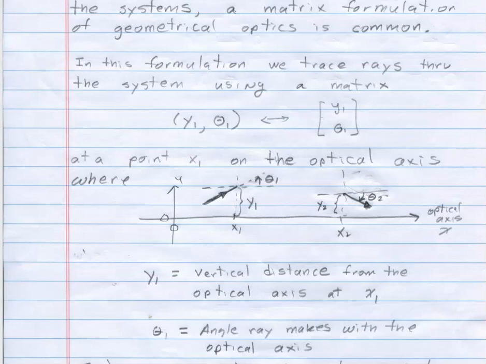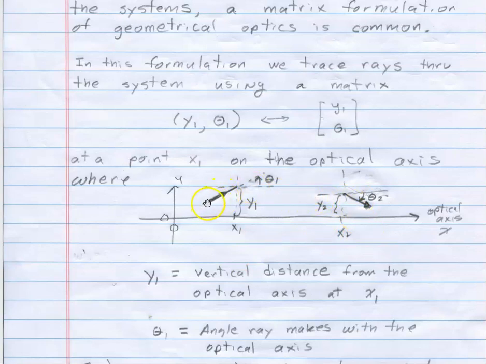So y1 is where the ray is at a given position x along the optical axis, and theta 1 is the angle that it's at that same position. y could be positive or negative. If y is positive, then it's above the axis, and if it's negative, y is below the axis. That's the same convention that we've used earlier.